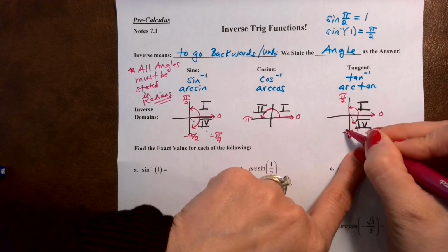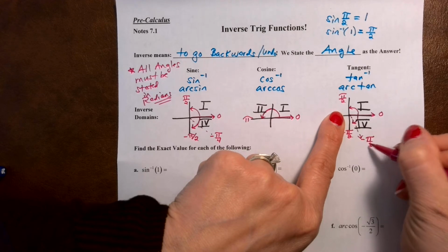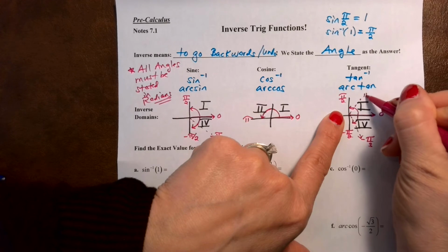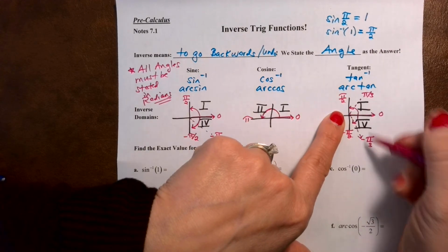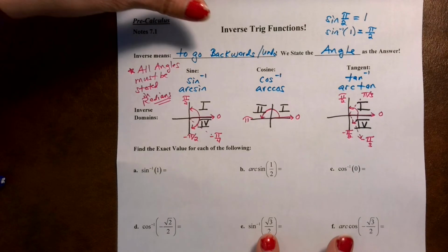You can't swing past this way. You'd have to say negative pi over 3. Which actually isn't so bad. This is where positive pi over 3 is. This would be negative pi over 3. You just say negative answers of those same angles from quadrant 1. All right, let's do a couple of examples together.